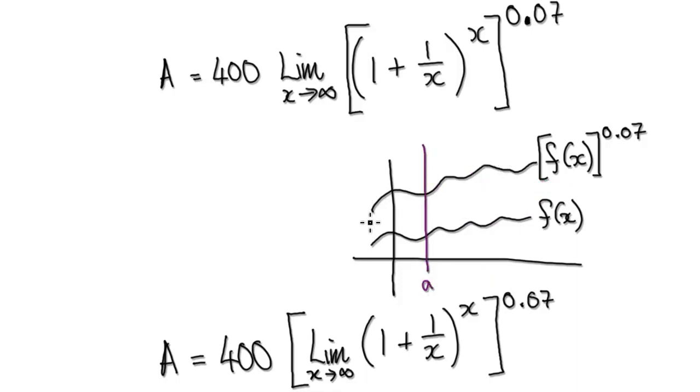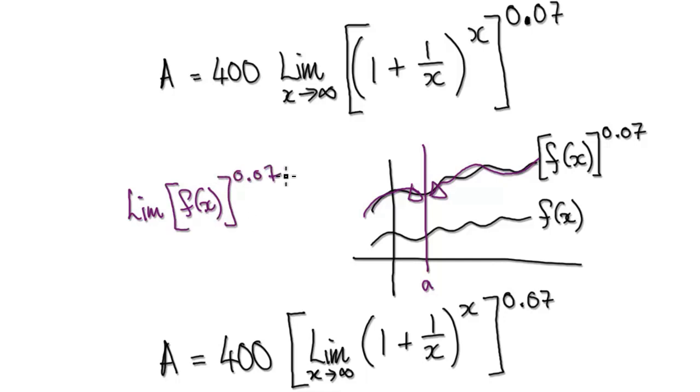Rather than trying to find the limit of f of x to the power of 0.07, which is what we're trying to do here, the limit of this thing to the power of this thing, what I'm saying is find the limit of f of x.